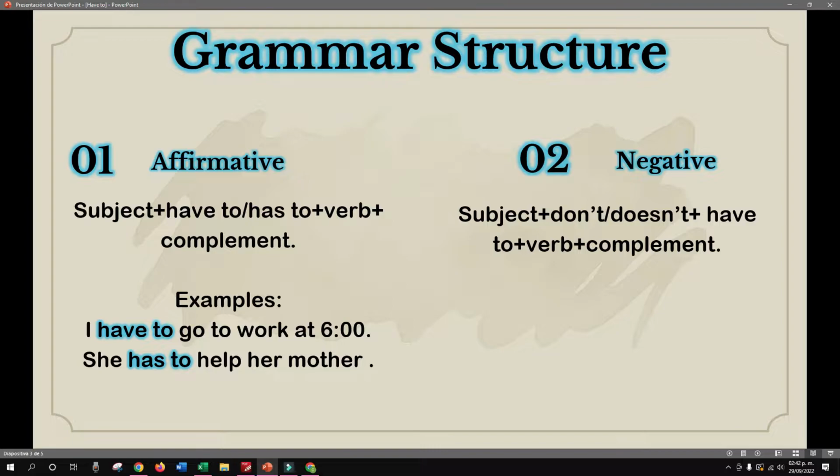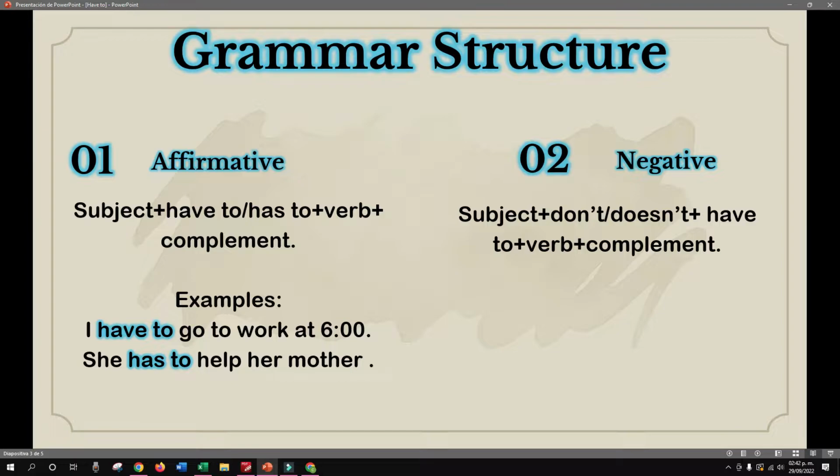What about the negative ones? Subject plus don't or doesn't have to plus verb plus the complement. In this case, it's a little bit different. First of all, you need the subject, then don't or doesn't, both are the auxiliaries, right?